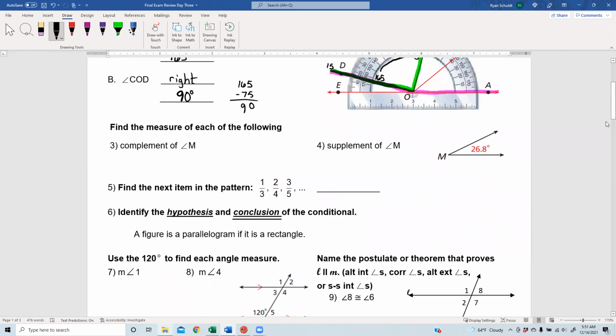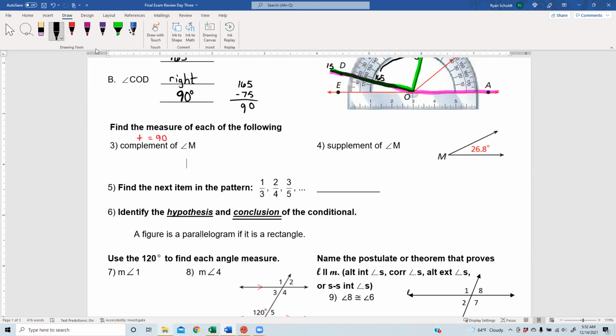Let's find the measure of each of the following. So 3 asks us to find the complement of angle M. Angle M is the angle that's over here on the right-hand side. So complement. What does complement mean? It means they have to add to equal 90.